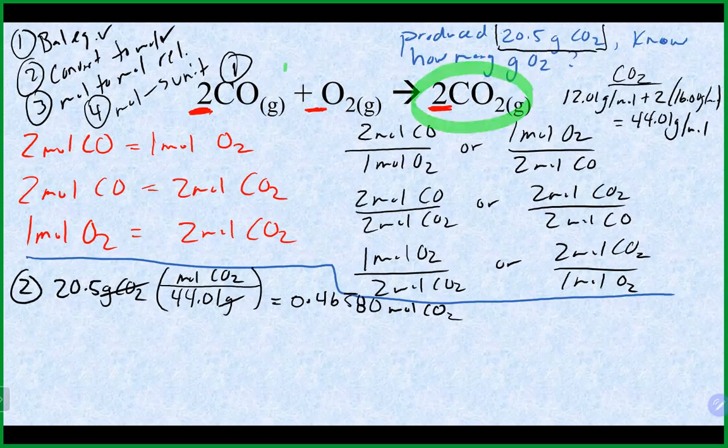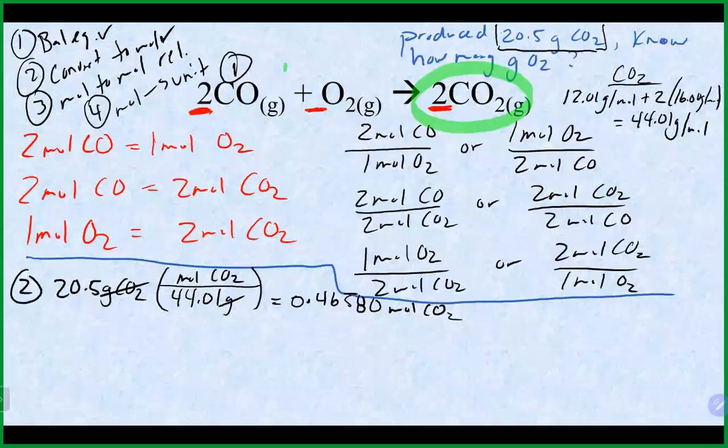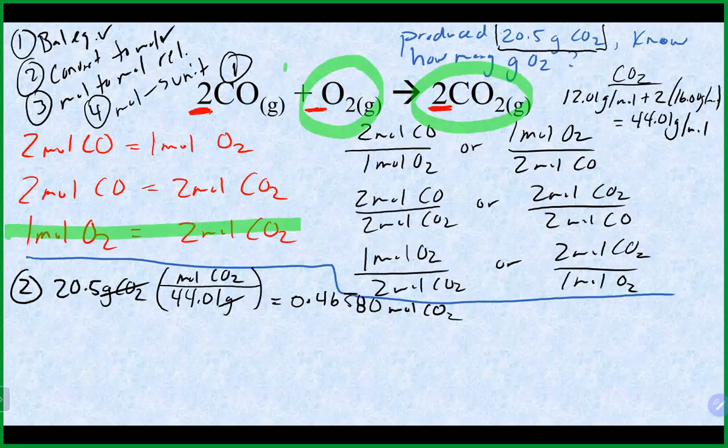The other is what we're trying to find, which in this case is oxygen, O2. From that equation, as we did earlier, we see that for every 1 mole of O2, we have 2 moles of CO2 produced. That gave us 2 conversion factors that we could use, the one on the left and the one on the right.